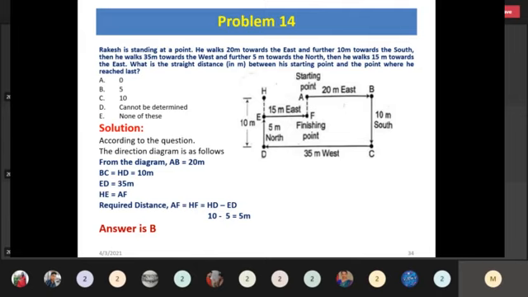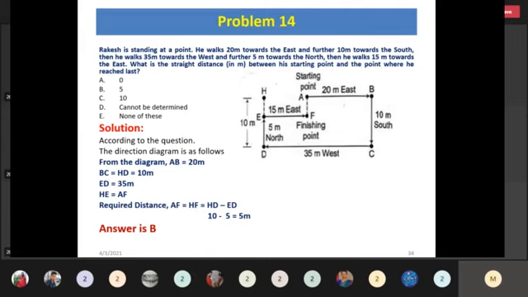As far as the diagram is concerned, let us see what the solution is. According to this question, the direction diagram is as follows. From the diagram, AB is equal to 20 meters, BC is equal to HD is equal to 10 meters. So ED is equal to 35 meters. HE is equal to AF.